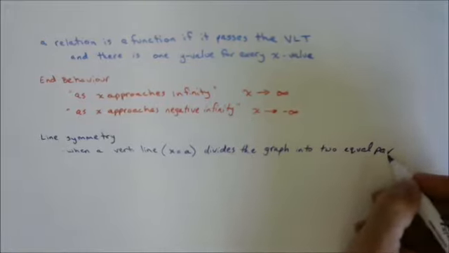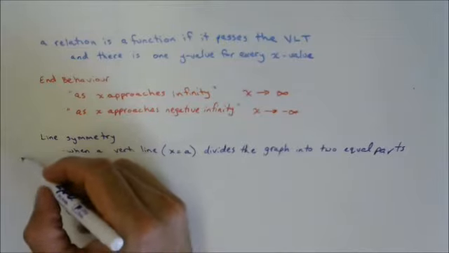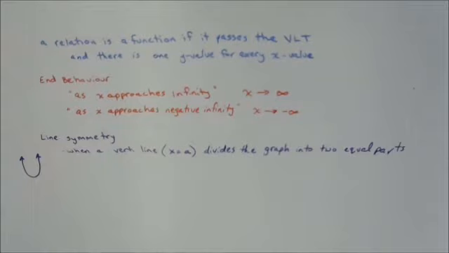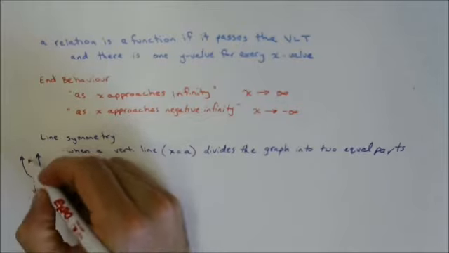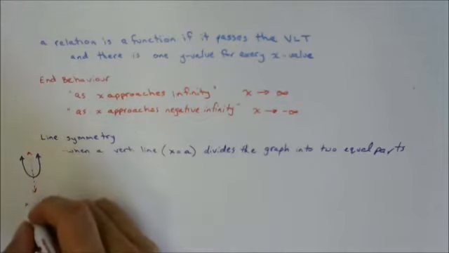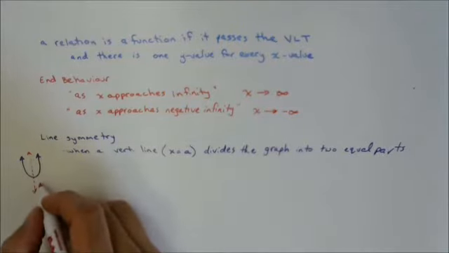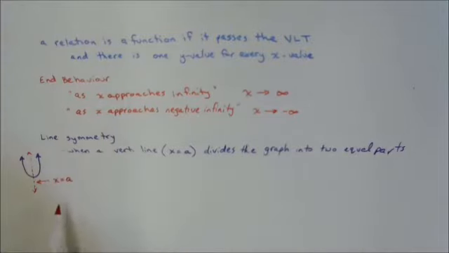Basically, the goal is that they're a reflection of each other. And I can draw a little diagram. But there's an example of a function that has line symmetry. Okay, so wherever this parabola is on the graph, on the coordinate plane, this line, x equals a, is splitting the parabola into two equal parts where one is a reflection of the other. Okay.